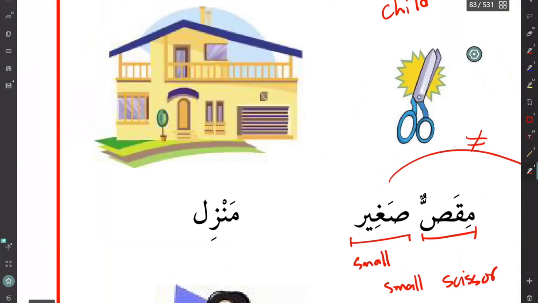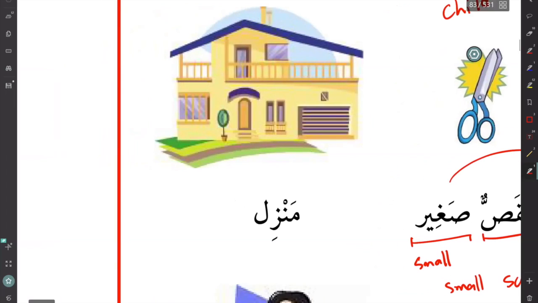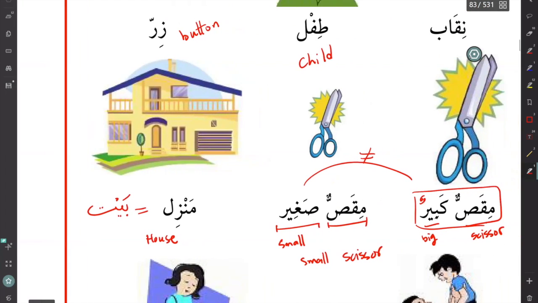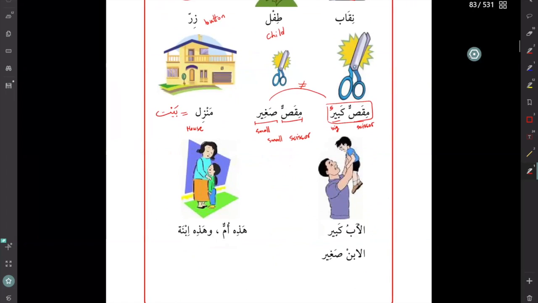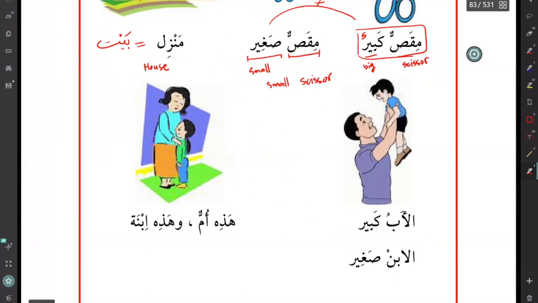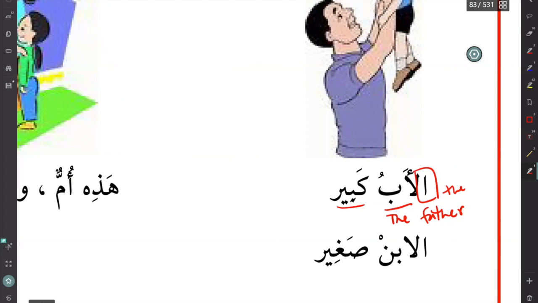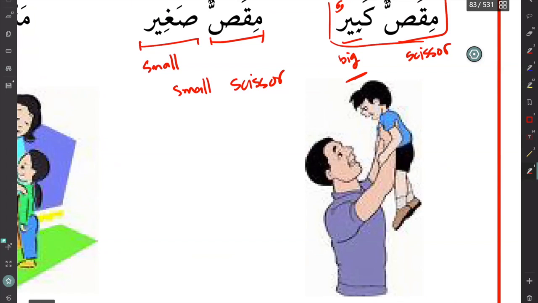So now we have manzil. Manzilun is the same thing as baitun. Bait, which is house. Okay. Manzilun is house. So now we have few, let's see what it says. It's al-ab. We already know what is ab. Ab is father. And we already know what al means, which is the. So it's going to be the father. And what we have is kabir. What did we say kabir meant? Kabir is big.